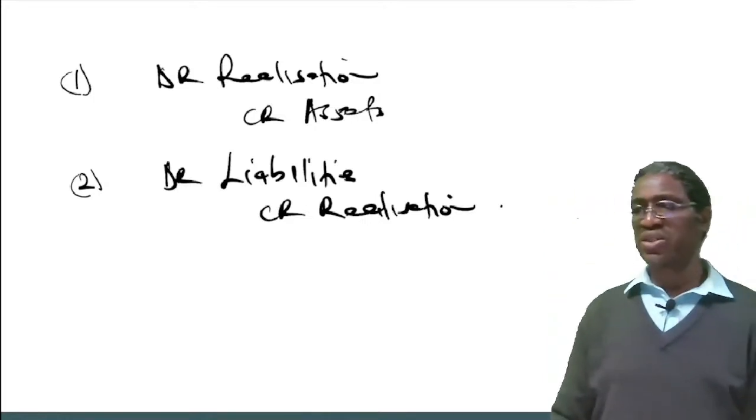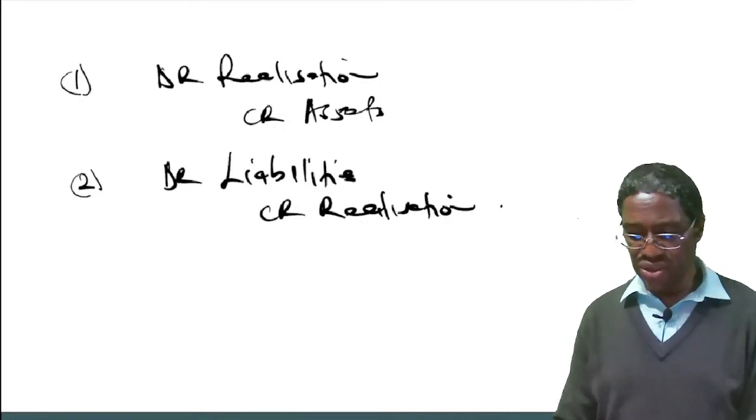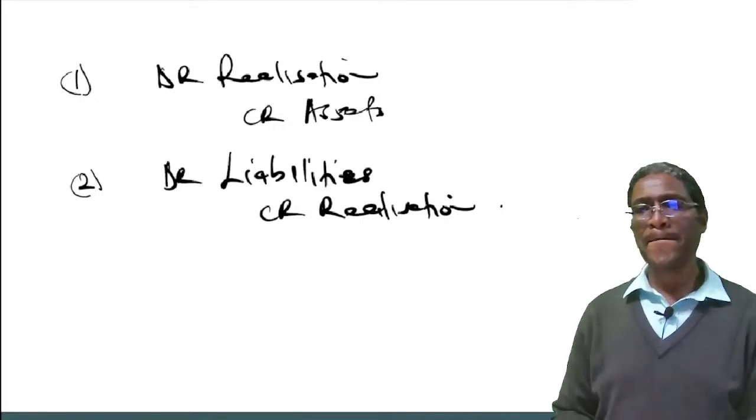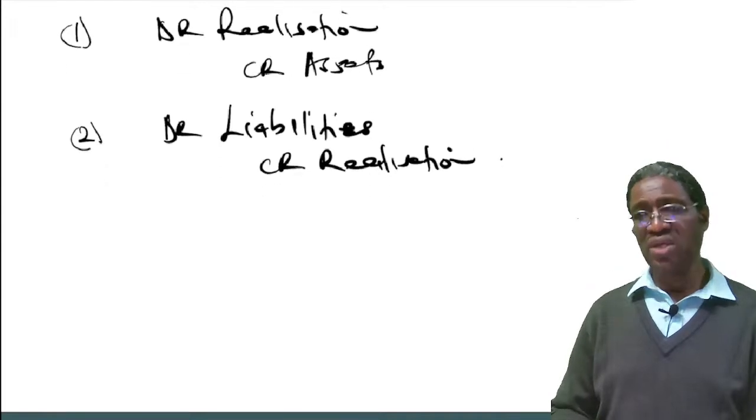With liabilities taken over, debit liabilities, credit realization. That's number 2.